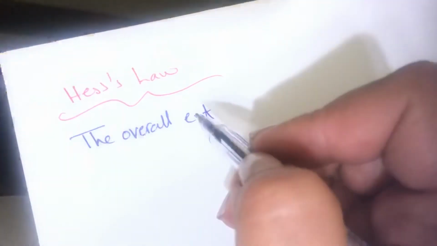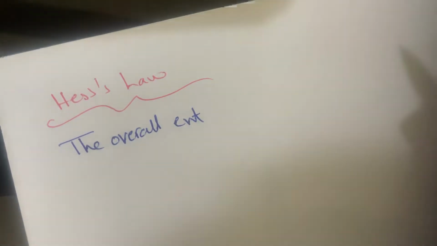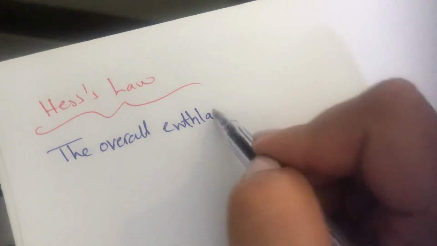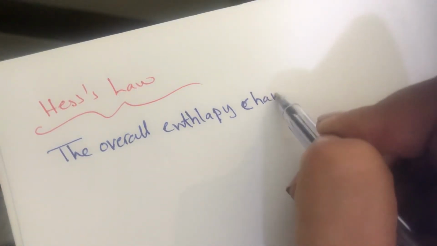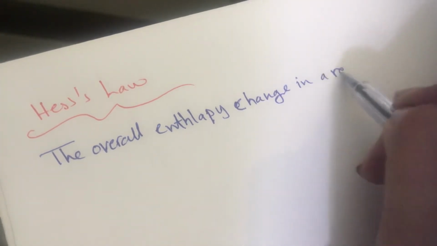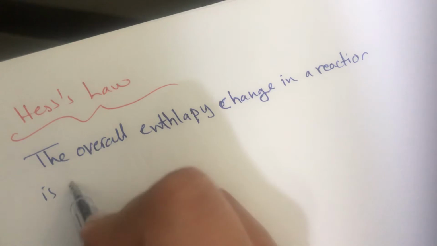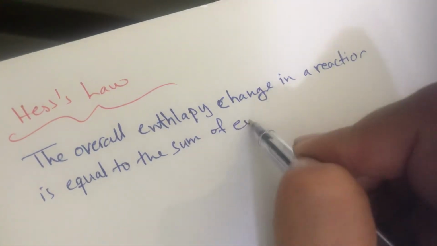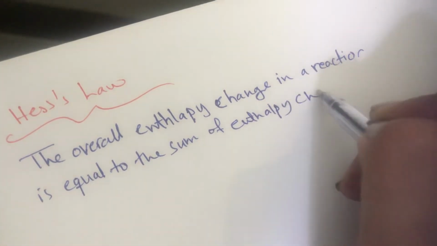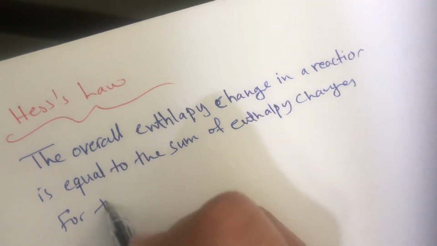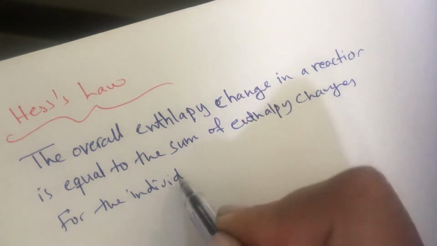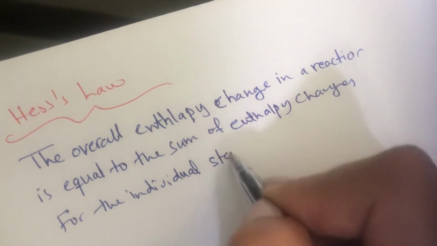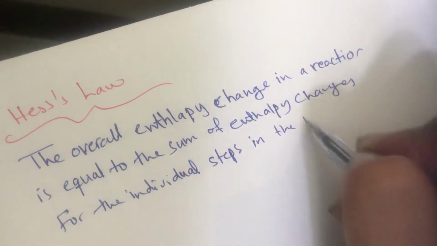Hess's law states that the overall enthalpy change in a reaction is equal to the sum of enthalpy changes for the individual steps in the process.